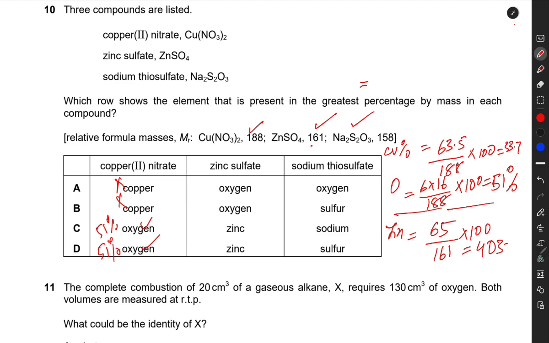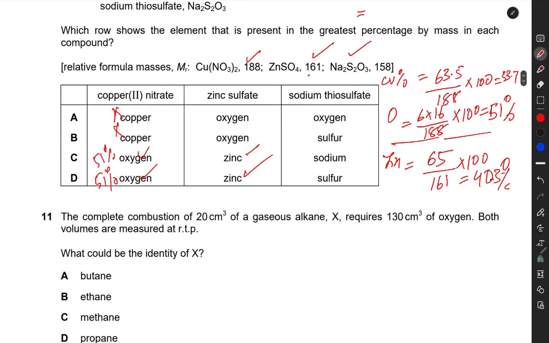So in these two options C and D, only one option is correct, so zinc is the correct option. Zinc has the greater mass. Okay, so we predict that zinc has larger mass than sulfur and oxygen in zinc sulfate.